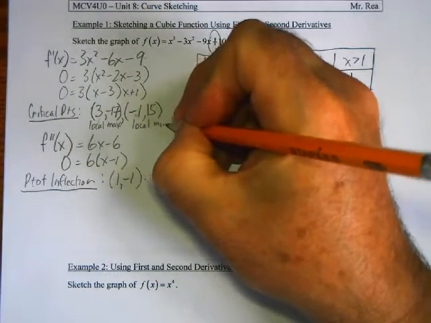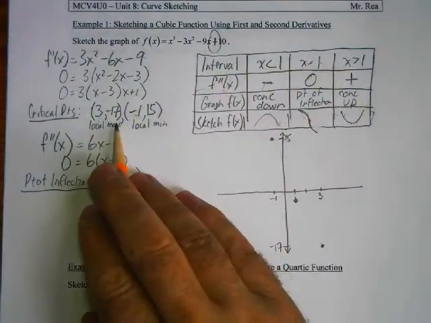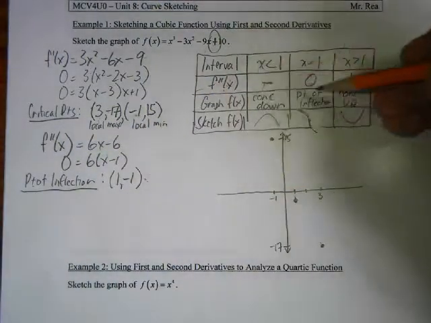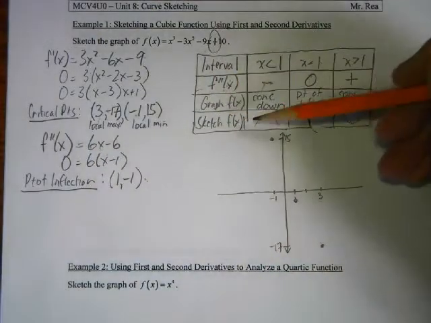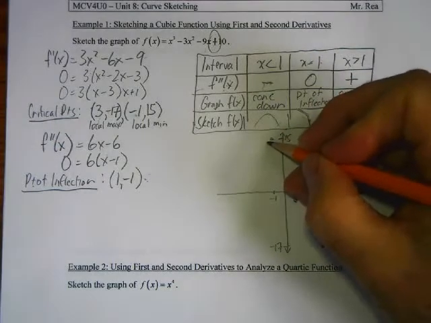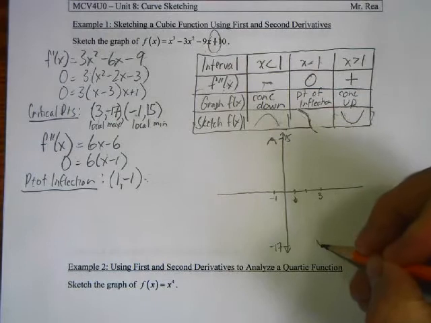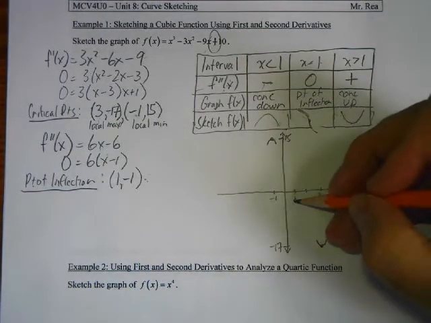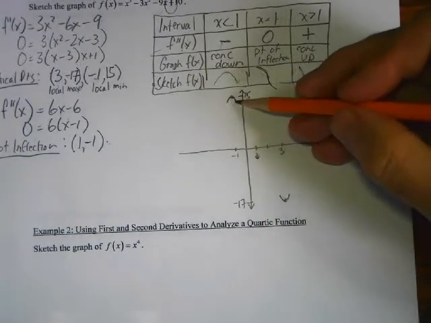Now, you could have figured that out by looking at the intervals for the first derivative, but this is a way you could use that second derivative test to avoid having to create a whole table. So I know that's a local max, I know this is a local min, and I know this is a point of inflection. So I know that's the point where it changes.